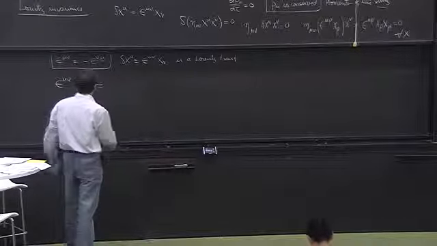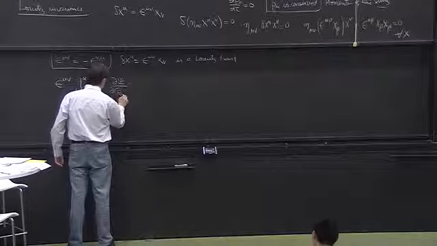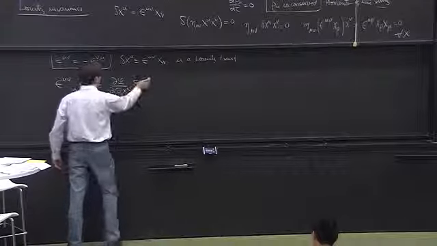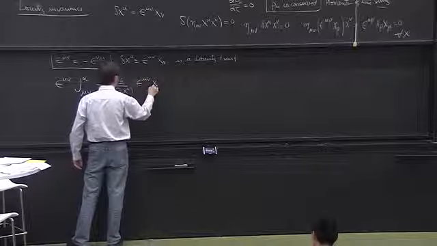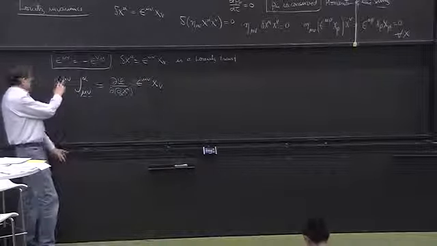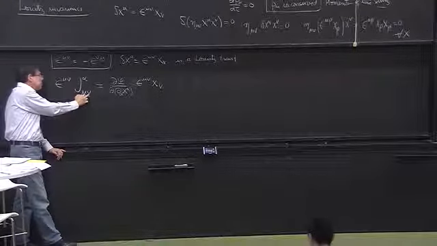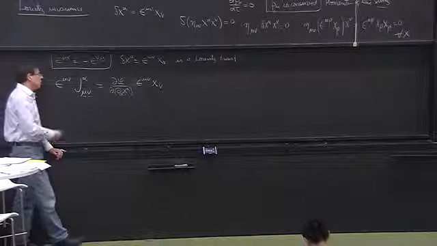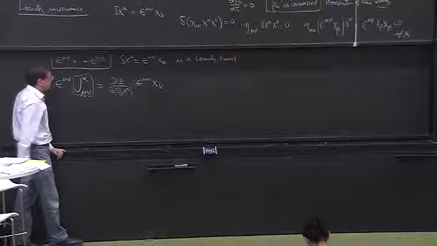So this should be dL/d(partial_alpha x^mu) times delta x^mu, which is epsilon^mu_nu x^nu. Now, since this is antisymmetric, any symmetric part here would vanish by contraction with this. So there's really only currents that are antisymmetric.